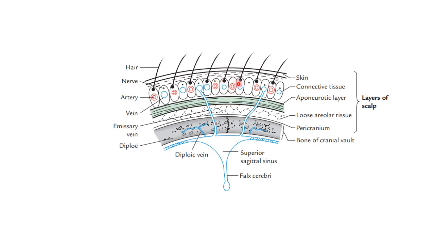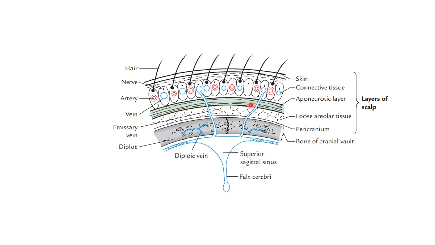When the blood vessels are torn or cut during an injury, they are unable to retract and cause profuse bleeding. As we say, the walls of the vessels are adherent to the fibrous tissue, so the walls cannot retract and there is profuse bleeding after injury of the scalp. However, this bleeding can be stopped by applying pressure.